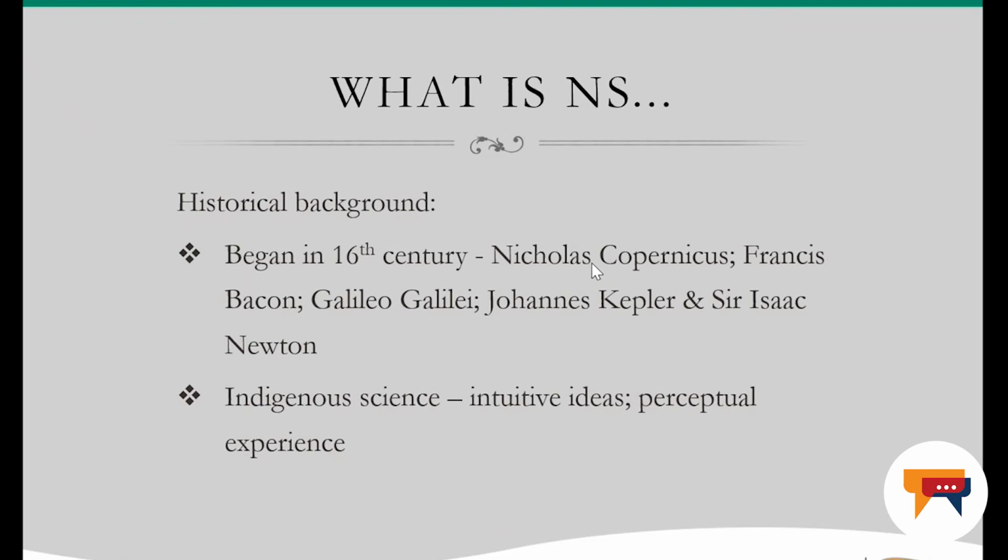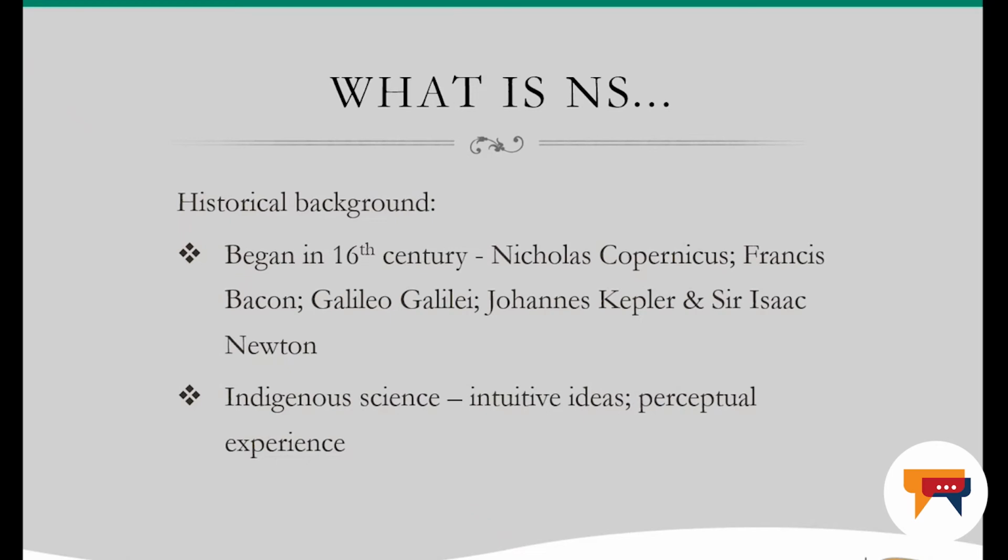What is natural science in terms of historical background? Natural science, as we know it today, began in the 16th century in Europe. The founders of natural science were Nicholas Copernicus, Francis Bacon, who might be called the father of the experimental scientific method, Johannes Kepler, and Isaac Newton.